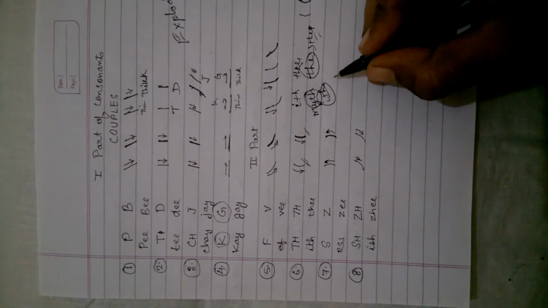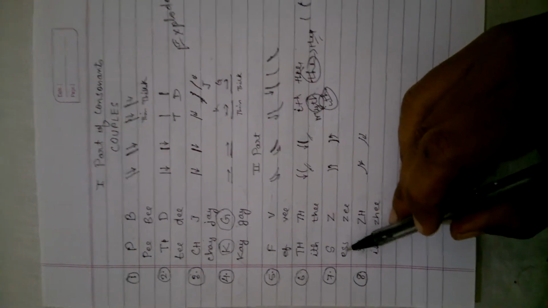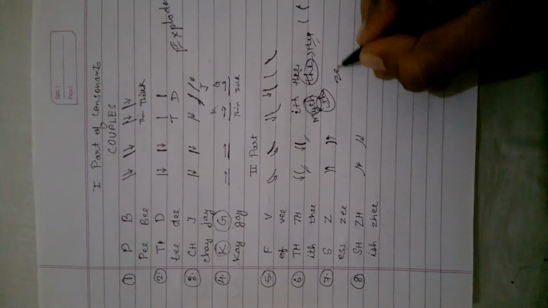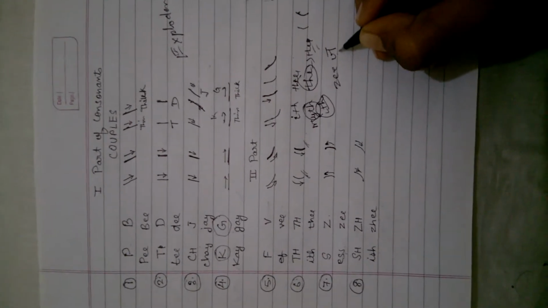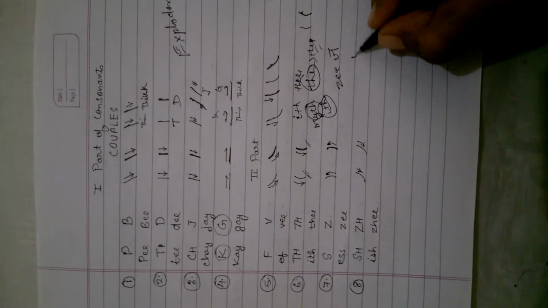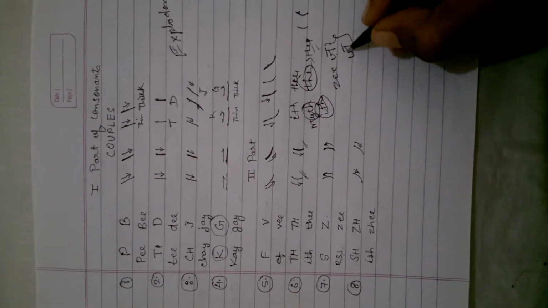The other is S and Z, but the pronunciation for S is S and for Z is Z. Z and J are both different.